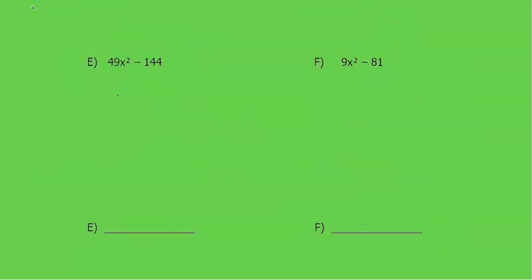Let's look at the last two parts of this second example group. We have 49x squared minus 144. Now we could say that A equals 49, B equals 0, and C equals -144. But since B equals 0, you can use the special formula, difference of squares.